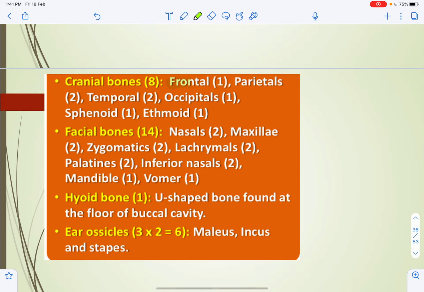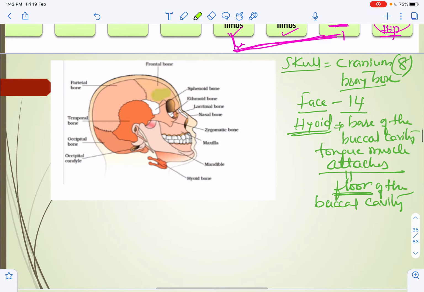So here there are different types of bones in the skull. One is the frontal bone, a single one. Then on this side one and on the other side one, that is 2 parietal bones, which are paired.